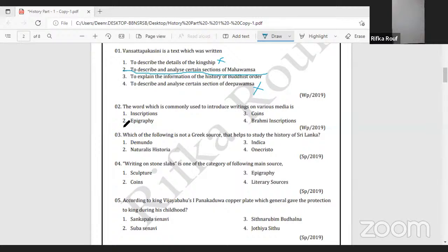The word which is commonly used to introduce writings on various media is, right?